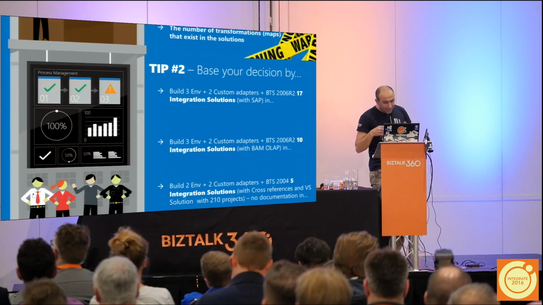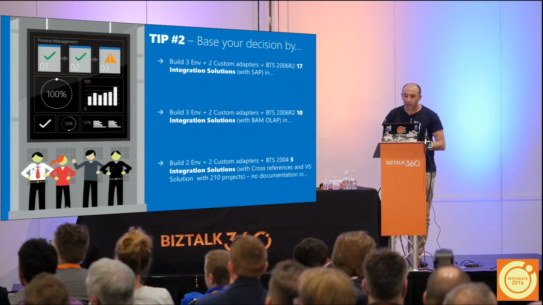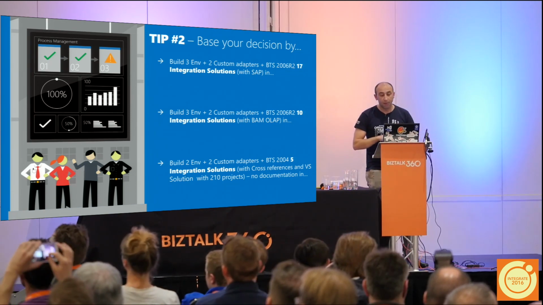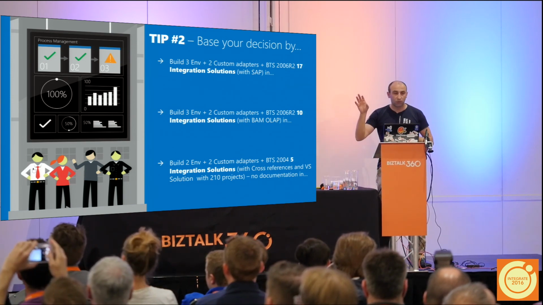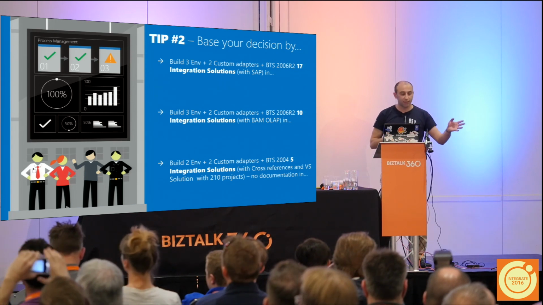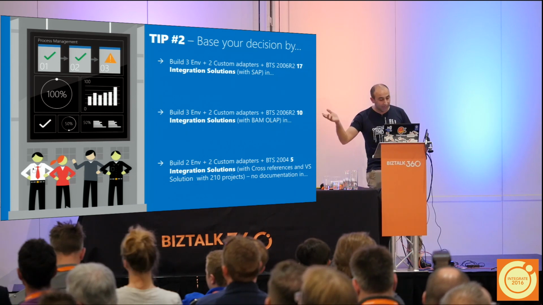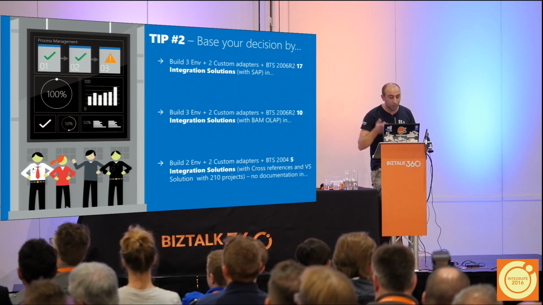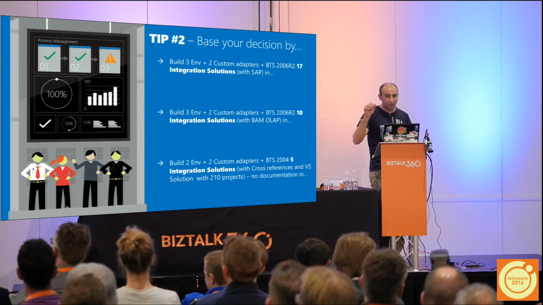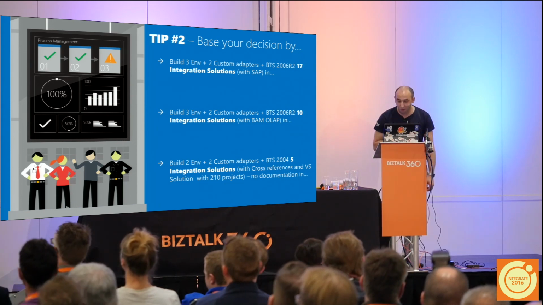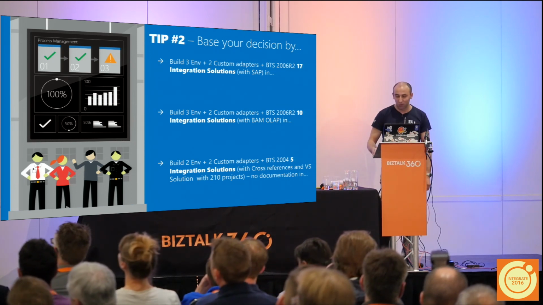To give you a perspective, I chose three project migrations, environment migrations that I have done. I migrated 17 integration solutions with 2 custom adapters and SAP, and another 10 from 2006 R2 with BAM OLAP, and even 5 orchestrations into 5 projects from 2004 with 210 projects inside the solution.